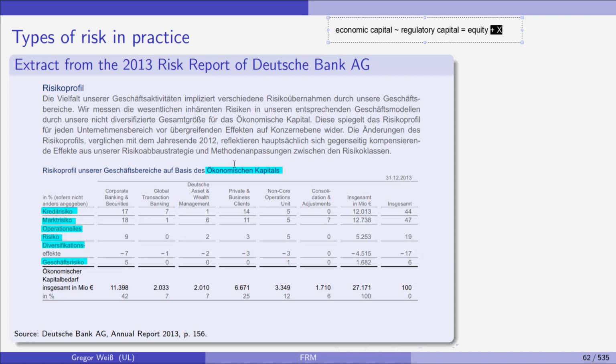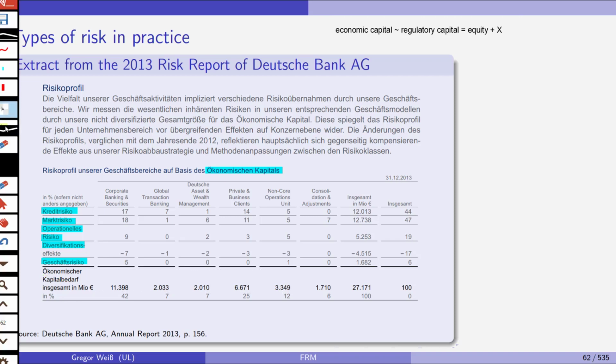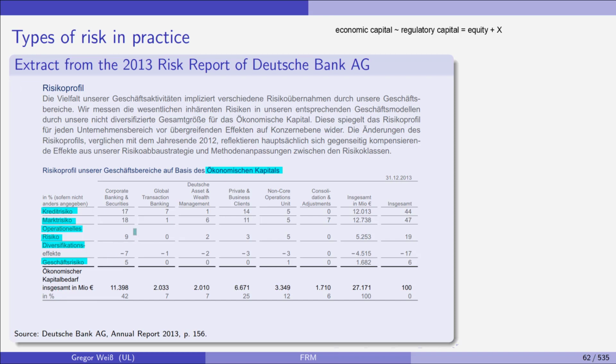So this means that regulators, under the pressure, of course, of banks and bank lobbies, at some point said, okay, let's not just use equity, but you can add certain parts of debt to your equity to arrive at something that we call regulatory capital or economic capital. And this is what you can see here. This is the required economic capital that Deutsche Bank has calculated. And this, in a sense, is equivalent to the risk exposure in these different types.